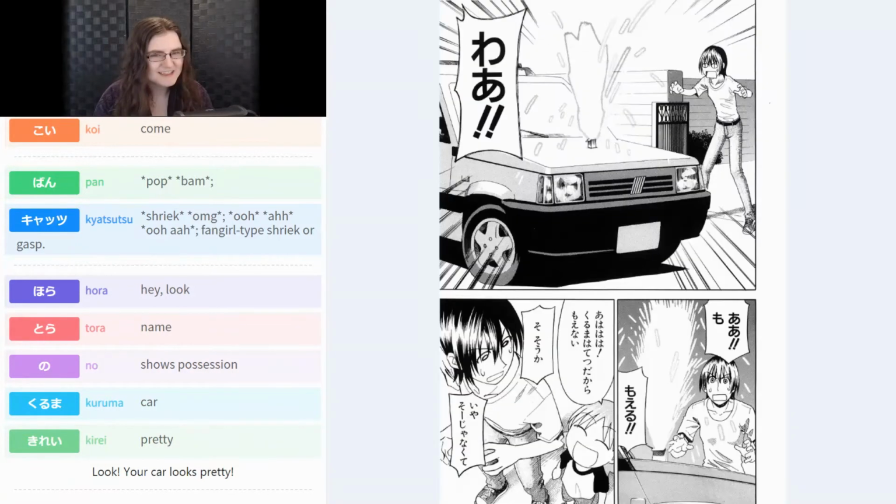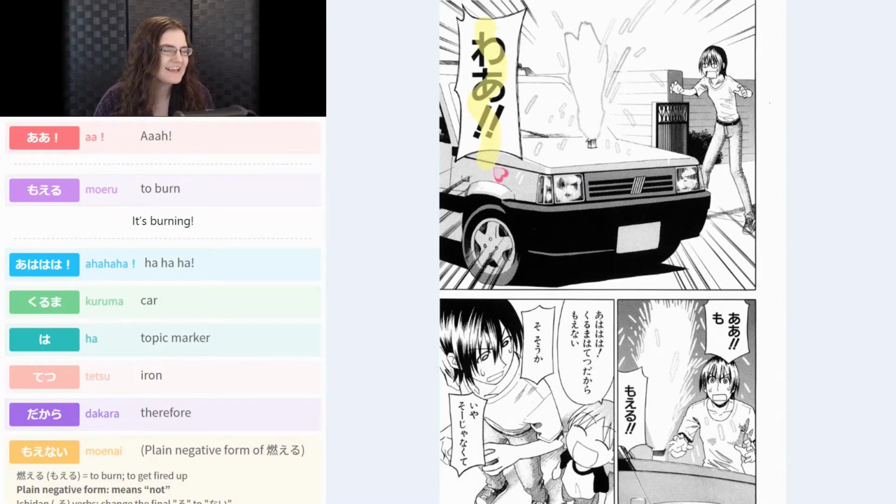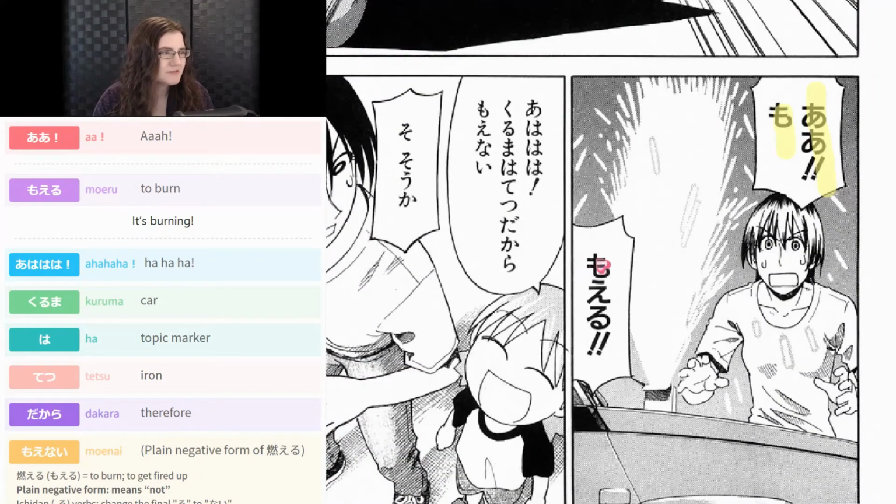No. Poor Torako. She's screaming because her car is on fire. Moeru. So like again, mo is just she's stuttering from her moeru, which is to burn. So it's like it's burning.